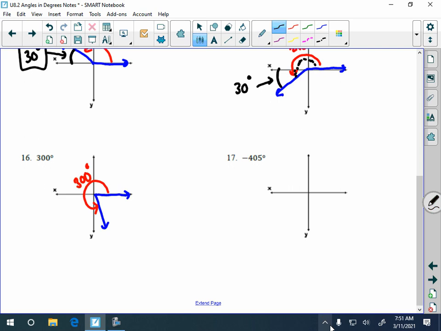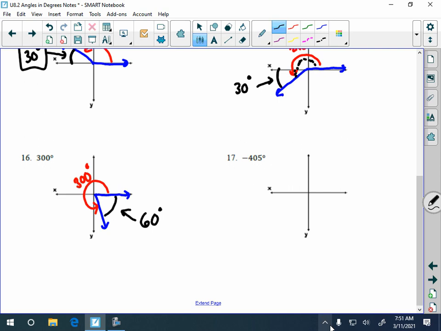So our reference angle is, again, to the x-axis. So it's this angle right here. So if we're at 300 and we know one complete revolution to get back to the x-axis is going to be 360, we subtract those two, the reference angle is going to be 60 degrees because 300 plus 60 is 360.